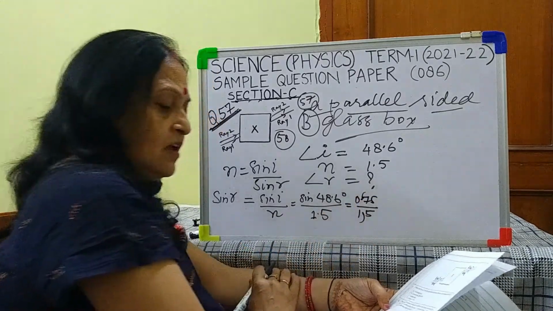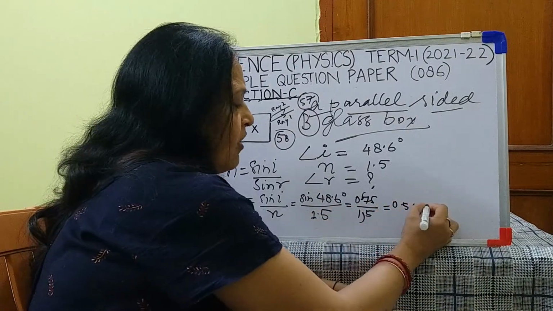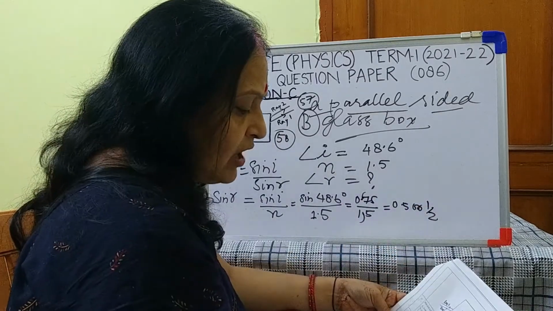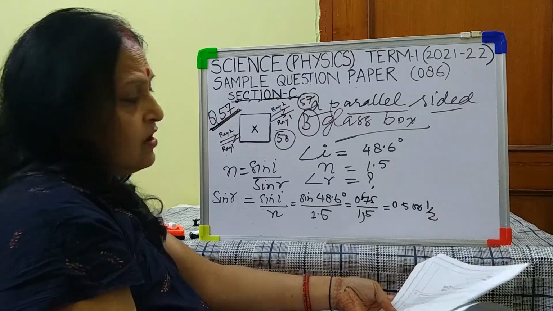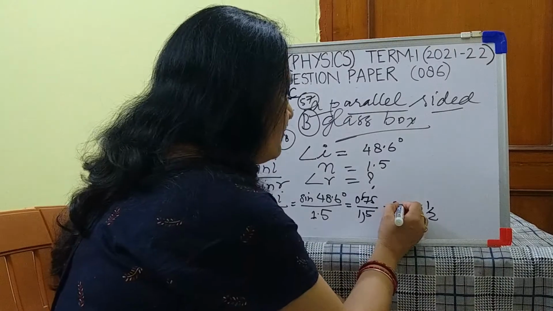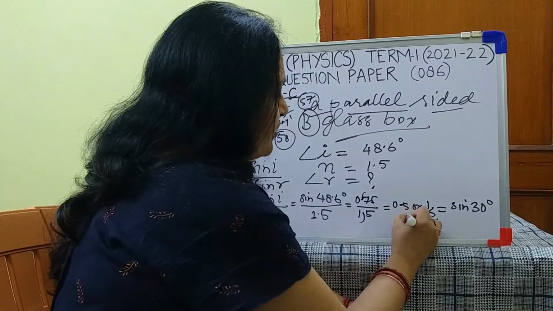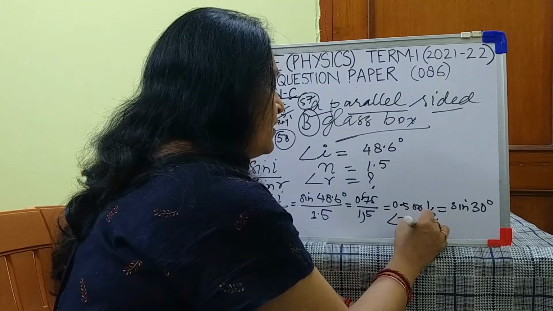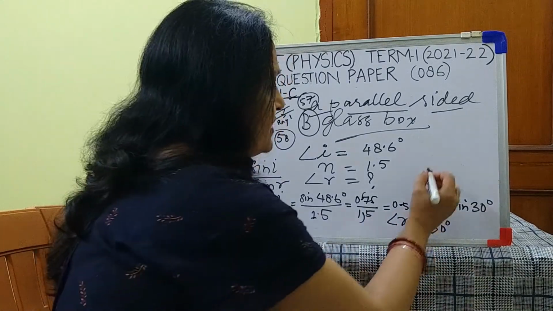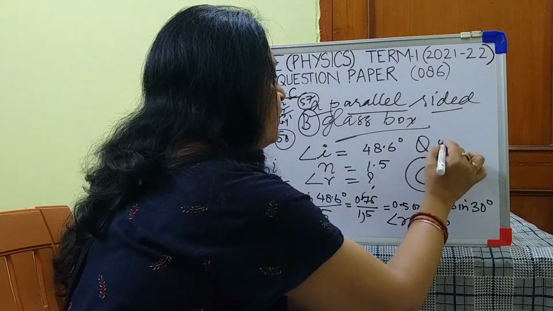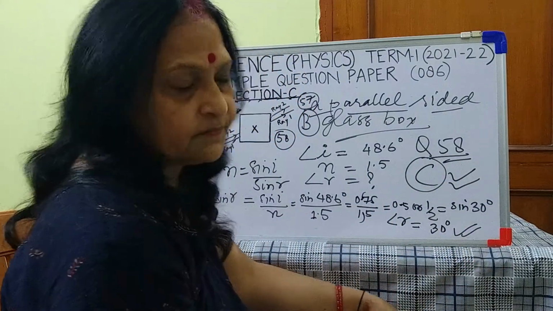When you simplify these values, you will get the answer 0.5 or 1 by 2. And when you work out the value for angle of refraction in terms of sine, the value 1 by 2 or 0.5 is for sine of 30 degree. So angle of refraction, that is r, equals 30 degree. Hence option C is the correct answer for question number 58, r equals 30 degree.